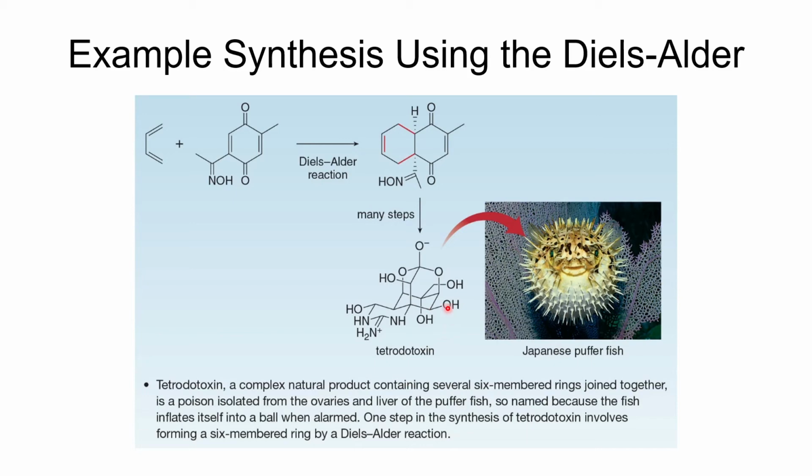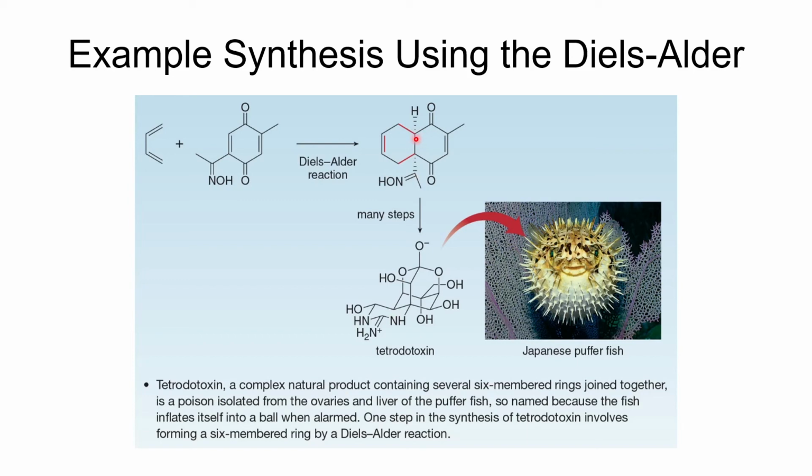Well, one of the steps in the synthesis of this toxin, and you may think, why would they want to produce something so deadly? It turns out if something is toxic, it also may be useful for other things. And so this may be a starting point for other therapeutic compounds that maybe could fight cancer. I don't know exactly what it's used for, but that is an example of how you could use it. So they do this Diels-Alder, and notice the stereochemistry there.